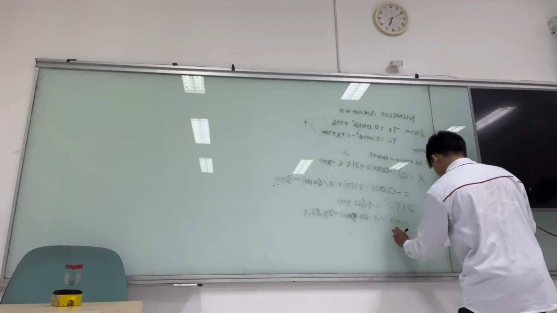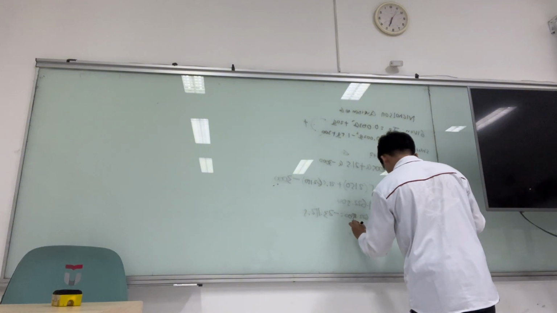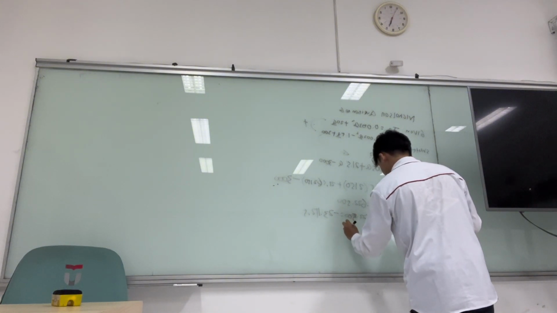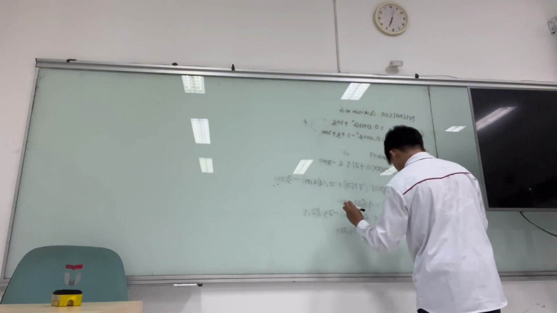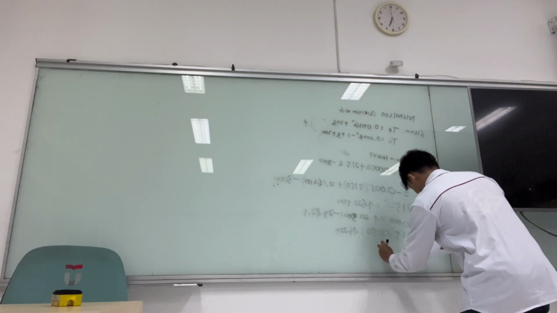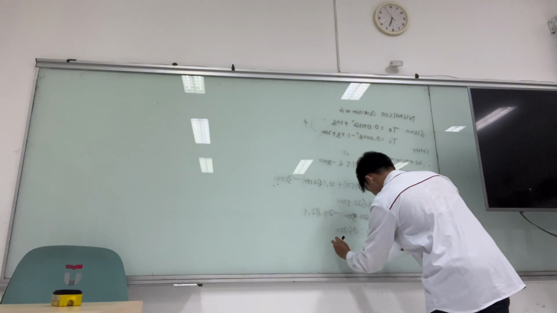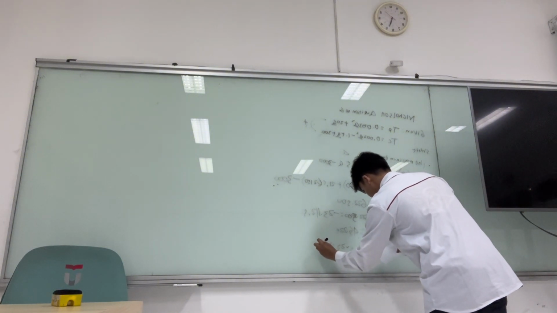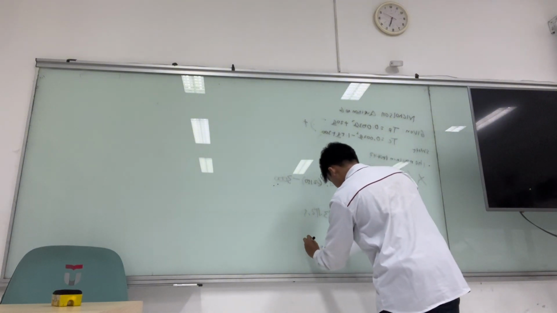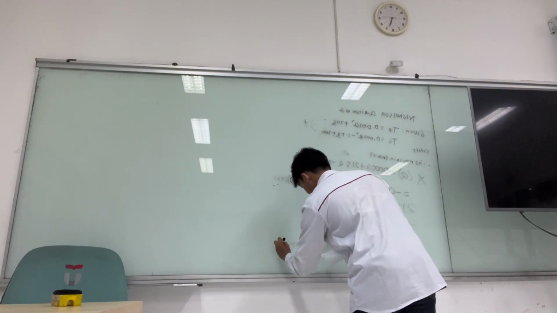Again, 21.5 times 2,150 is 46,225. So it equals minus 23,112.5 plus 46,225 minus 3,000.